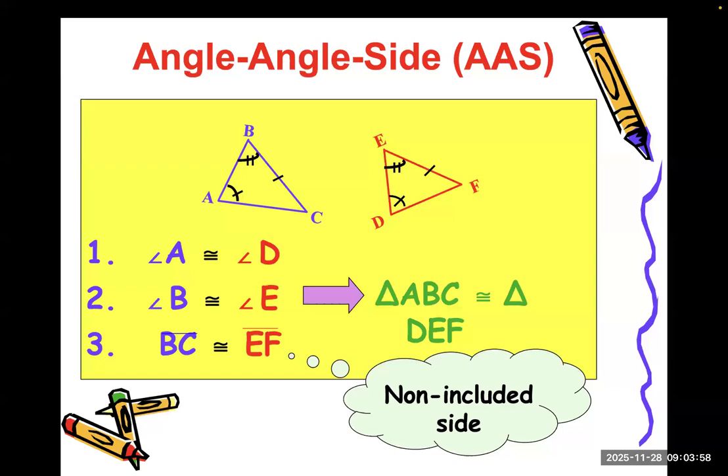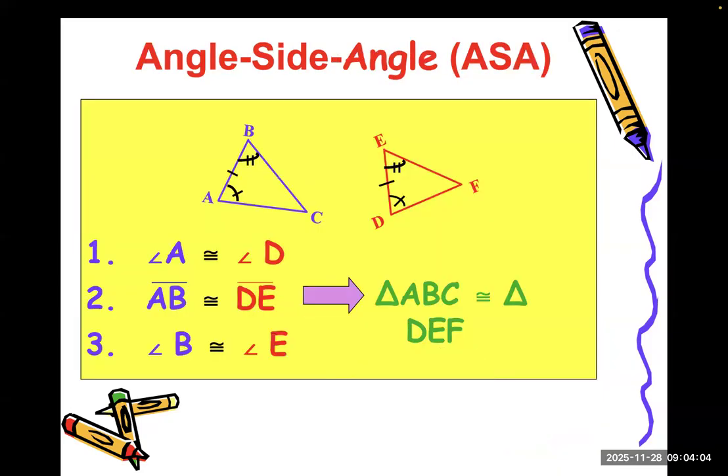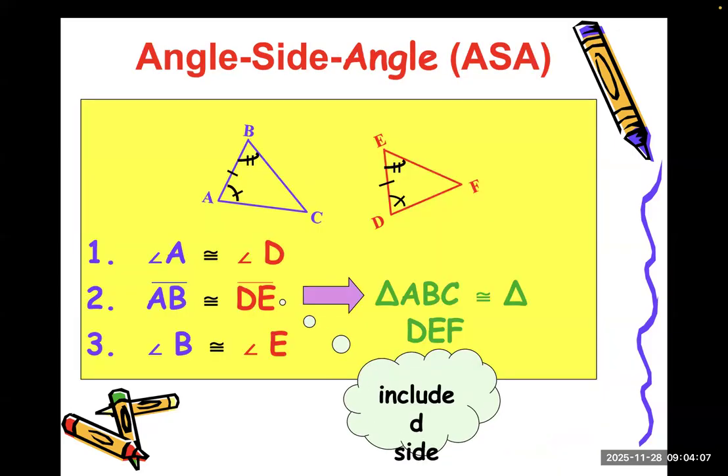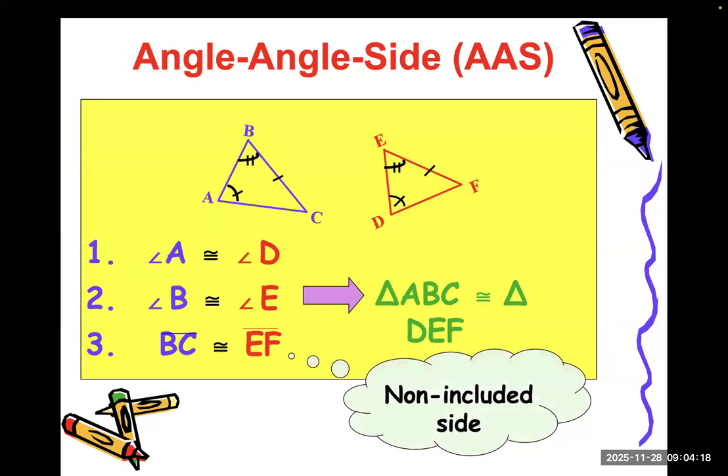Notably, unlike here, where side AB is in between angle A and angle B, and DE is in between angle D and angle E, side BC is not between angles A and B, and side EF is not in between angles D and E. So the big difference is that, yes, with ASA and AAS you use two angle pairings and a side pairing.